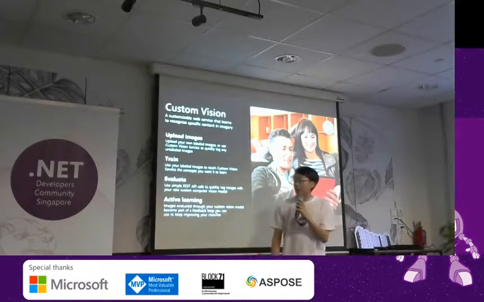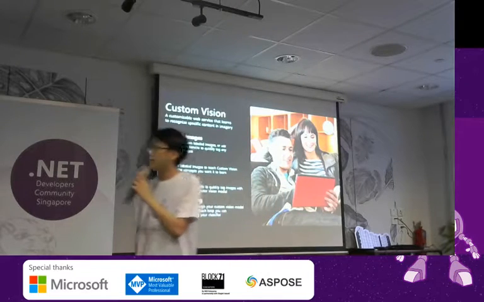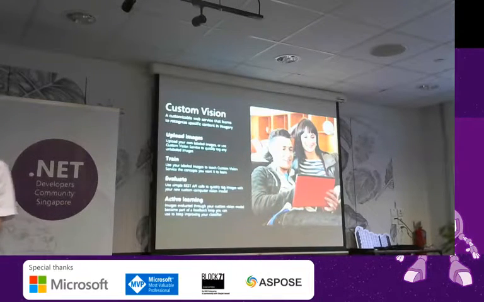So what does custom vision actually do? Custom vision is a customizable web service. That means it doesn't only allow you to call a pre-built model. When we talk about OCR and computer vision, those are pre-trained models. But custom vision provides an easy way to customize the trained models.